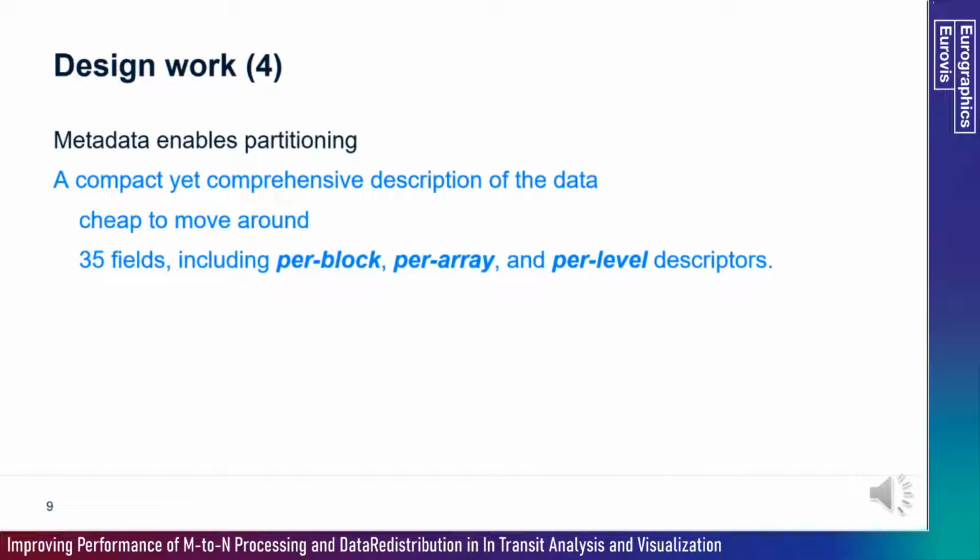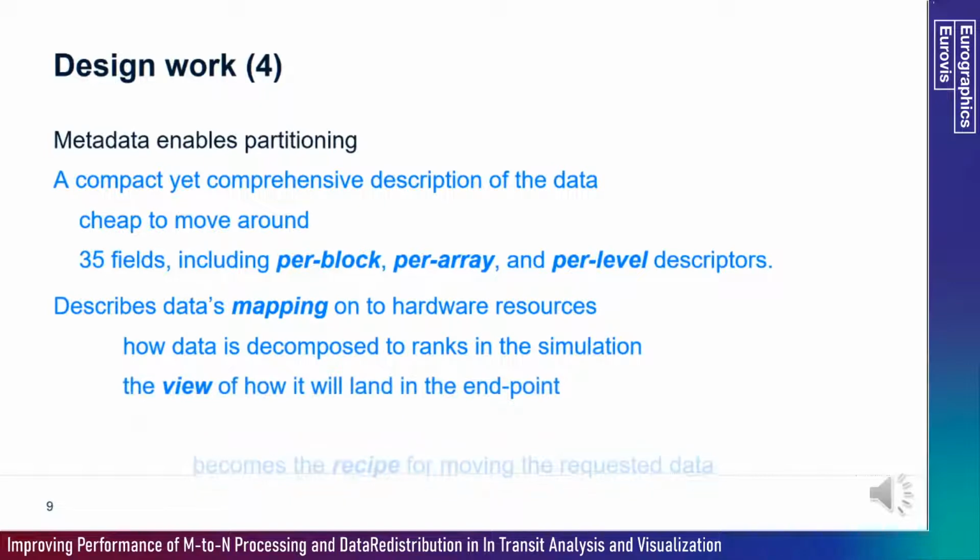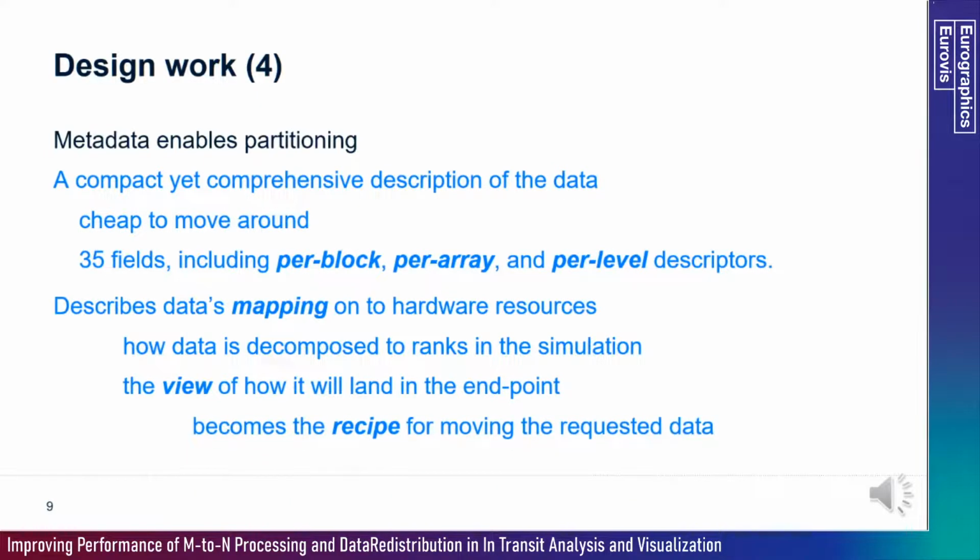Our metadata includes 35 fields, including per block, per array, and per level descriptors of the data. In addition, it describes the data's mapping onto hardware resources, for instance, how it's decomposed on the M simulation ranks. It's also used to present a view of how the data will land on the endpoint, and this becomes a recipe for moving the requested data.